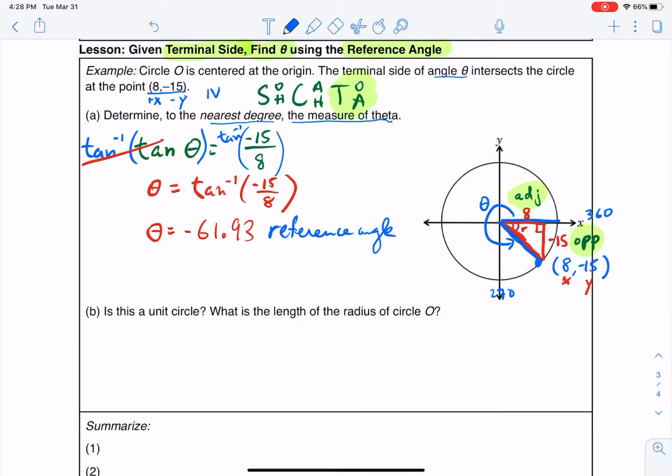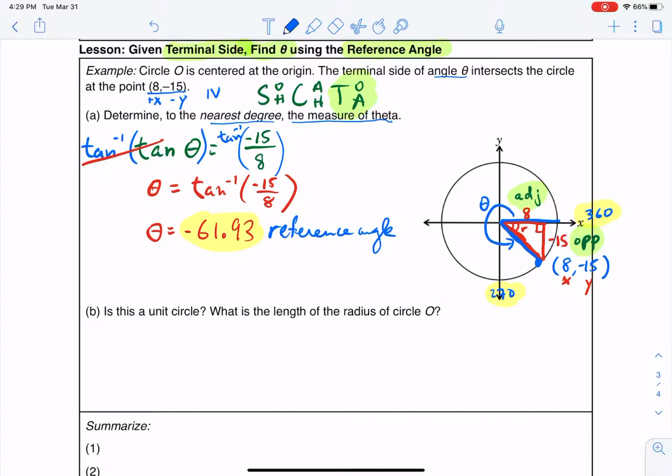At the very beginning of the problem, I mentioned that theta is somewhere between 270 and 360 degrees. And this angle that we solved for actually tells us how far away we are from 360 degrees, because this is really our acute angle that's formed by that reference angle.